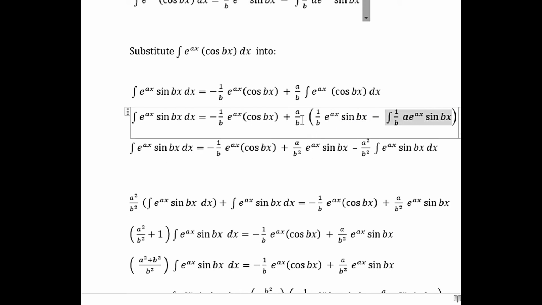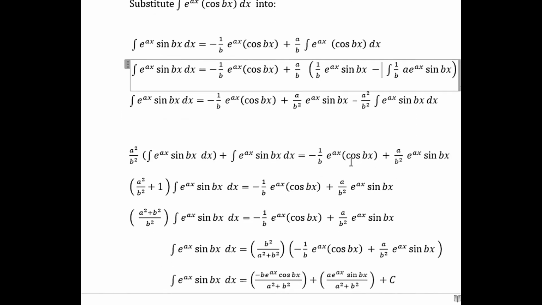We get from this a over b multiplied with 1 over b e to the ax sin bx, we get a over b squared e to the ax sin bx, and minus this a over b multiplied with the integral of a over b e to the ax sin bx. So we get a squared over b squared times the integral of e to the ax sin bx dx.